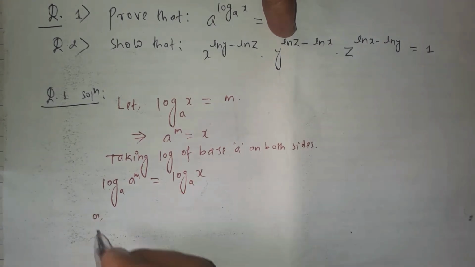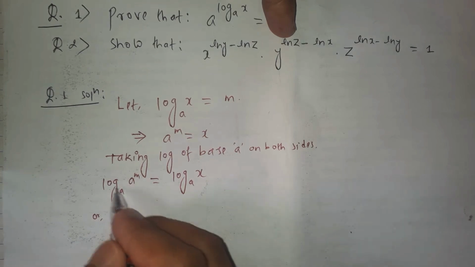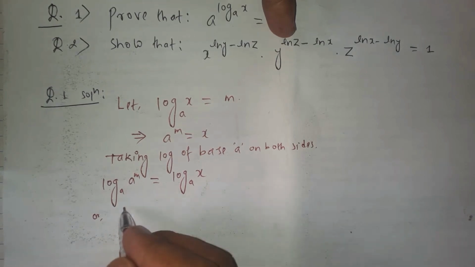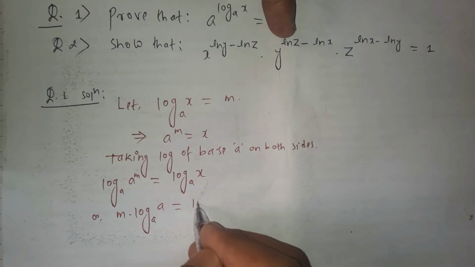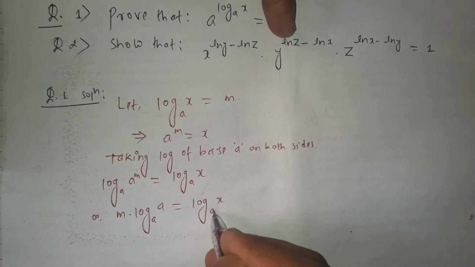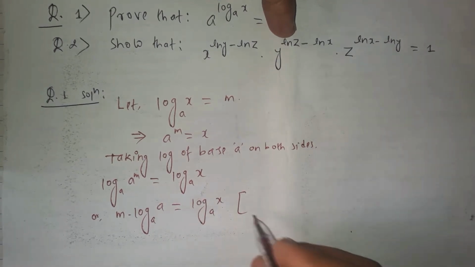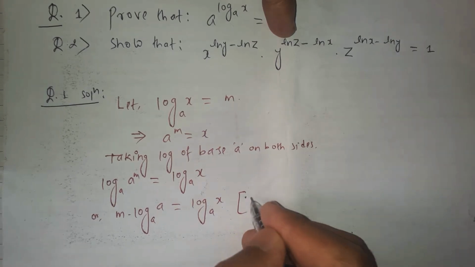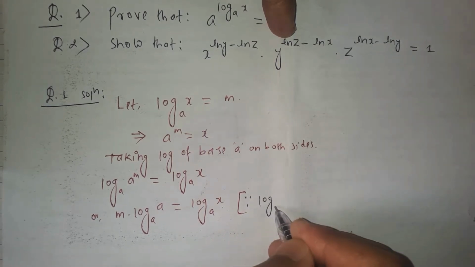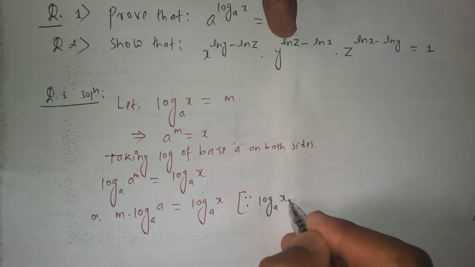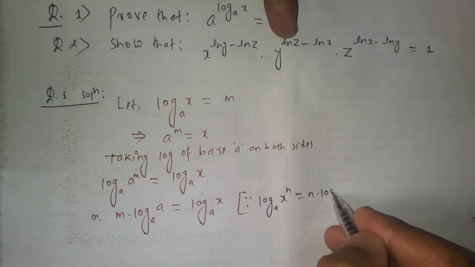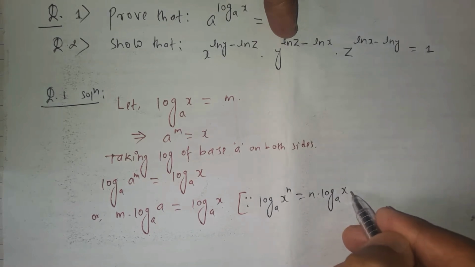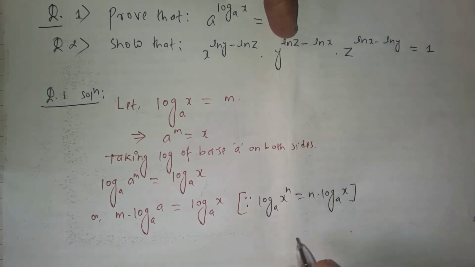This can be simplified using the power law of the logarithm. This can be written as m times log of a with the same base a is equal to log of x with base a. The power law states that log with base a of x raised to the power n is equal to n times log with base a of x. This is called the power law.